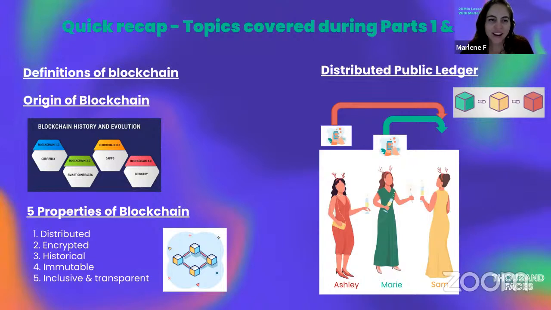So let's dive into the lesson today. Keep in mind this example because of how we explain this distributed public ledger and the security mechanisms behind it. I will go into a bit more technical detail of how that is created. So keep this example in mind.